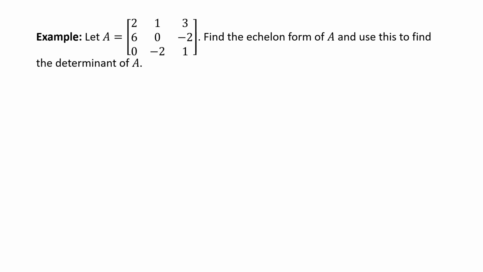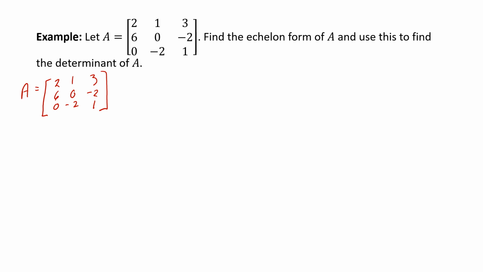We are going to calculate it by reducing it to row echelon form and then using the rules for the impact of elementary row operations to find the determinant of A. So we're going to start with A being the starting matrix. Now we're going to perform row operations, and for every elementary row operation, we're going to keep track of how it changes the determinant.